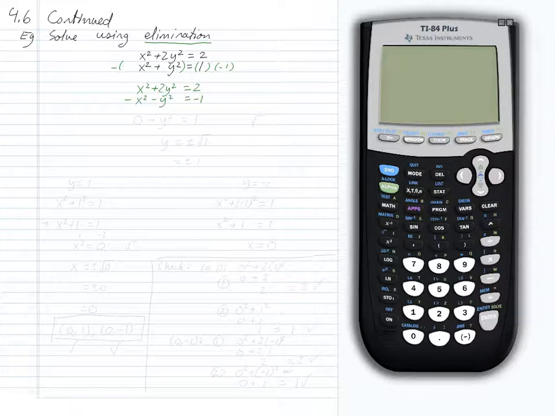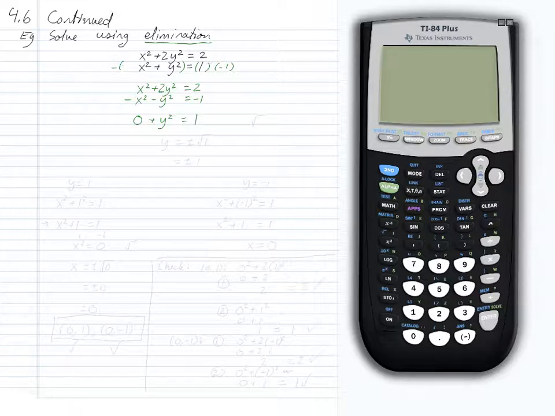Now if we add, we'll eliminate the x squareds, and we have 2y squared minus y squared, leaving us with y squared only. And on the right hand side, 2 minus 1 leaves us with 1.